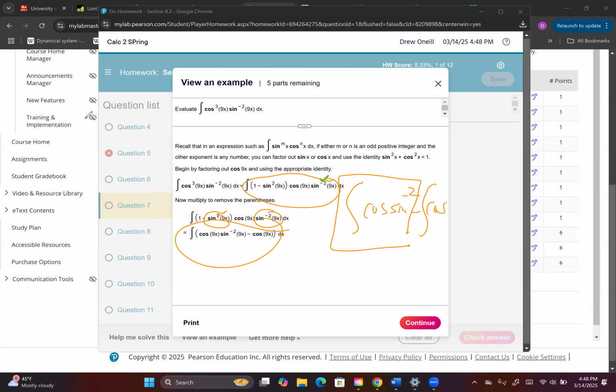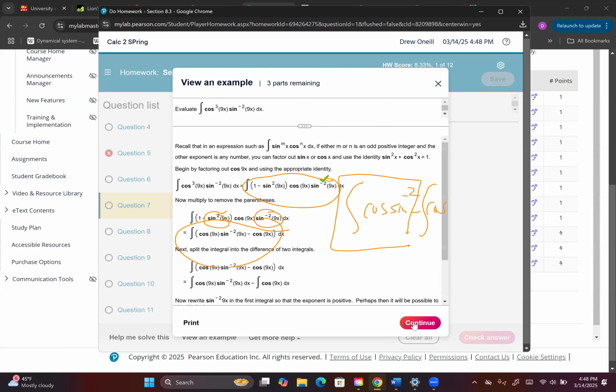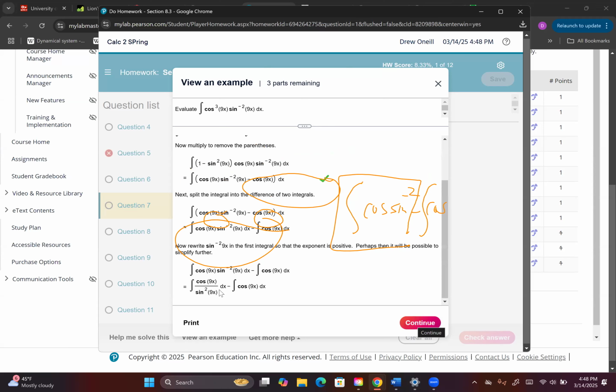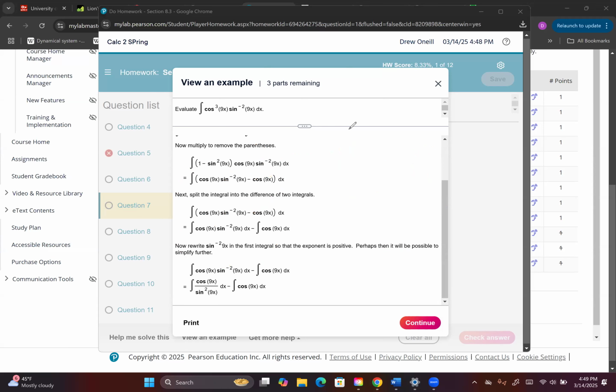So let's see what they do. They split into two integrals, but we know that. We already did that. The writing threw me off a little, but when you have sine to a negative power, that's the same as writing it in the denominator.